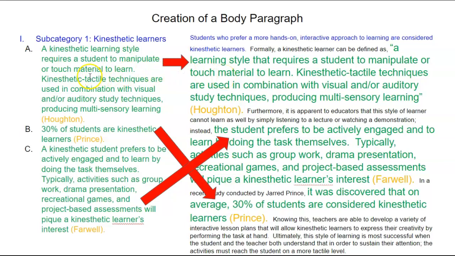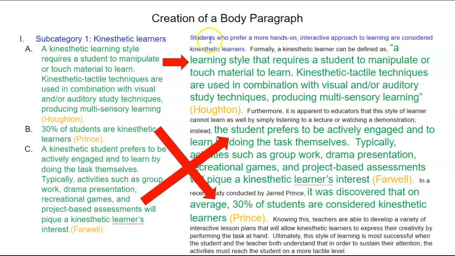So if you look, this section becomes this section, this section goes down here, and this section went here. That's based on the flow of the paragraph and what seems to make sense. It doesn't have anything to do with what source it originally came from or in what order you took the notes. It's just based on what makes the most sense for a paragraph in our essay.